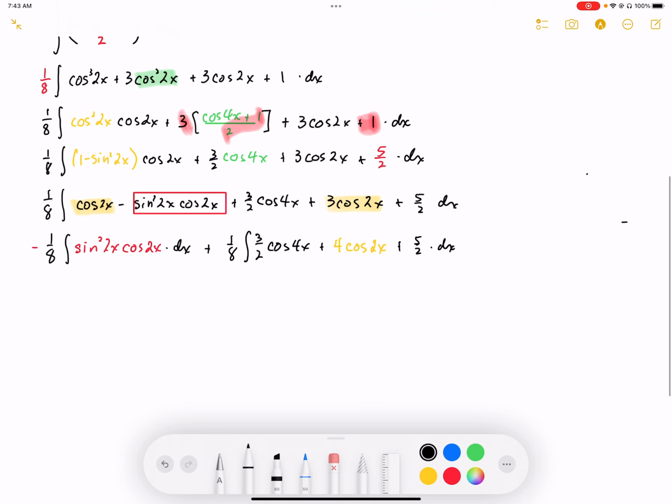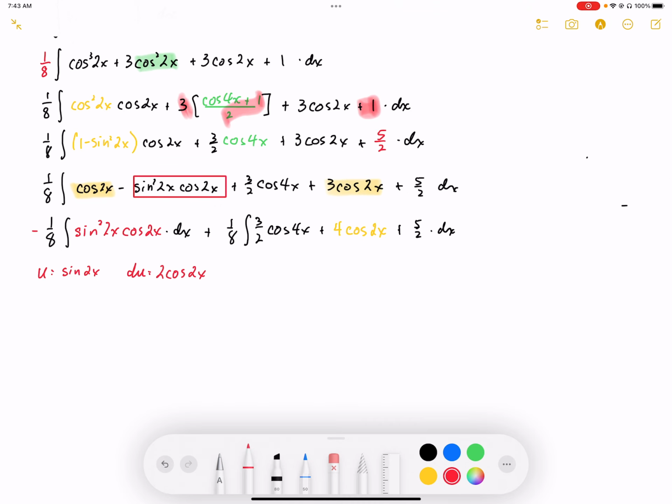Okay, so in the red here, I'm going to do a substitution. So I'm going to let u equal sine 2x, and that makes du equal to 2 cosine 2x dx. So sine 2x becomes cos 2x, and then make sure we multiply by 2. So I'm going to replace the cos 2x dx. This portion here, I'm going to replace with this du.